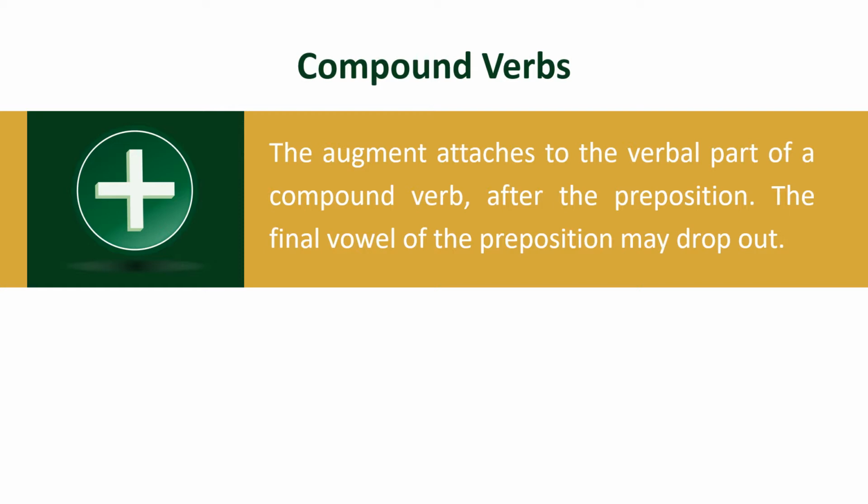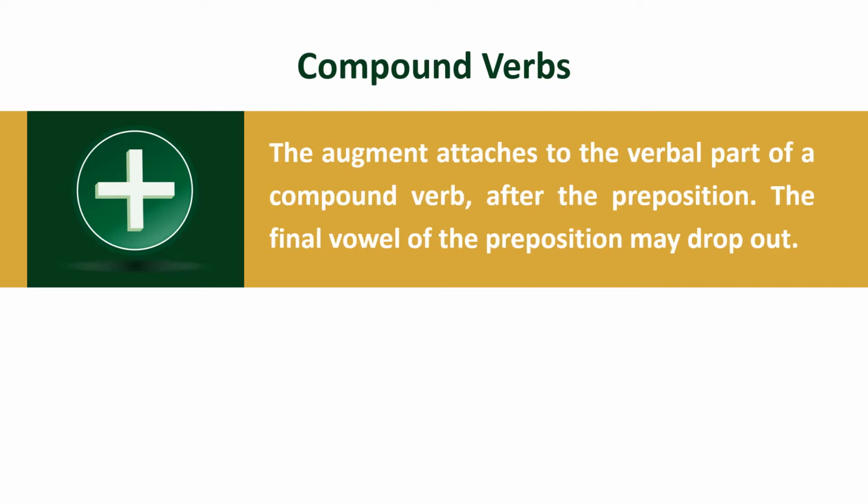This is important because it sometimes obscures the augment. Remember that you do not look for the augment in front of a preposition in compound, you look for it between the compounded preposition and the verb itself. The augment attaches to the verbal part of the compound verb after the preposition, and if the preposition ends in a vowel, that vowel may drop out.